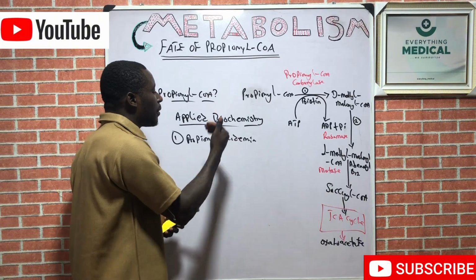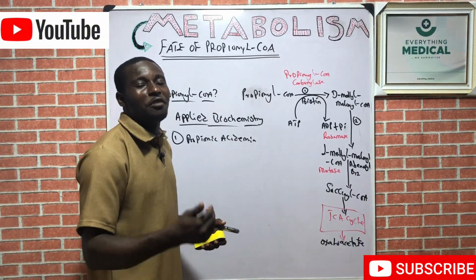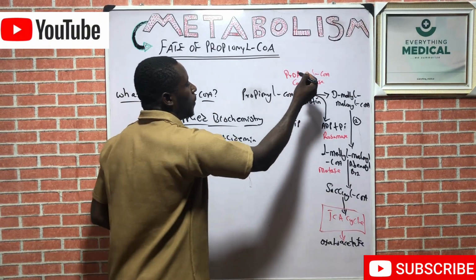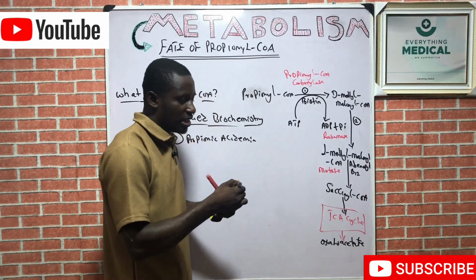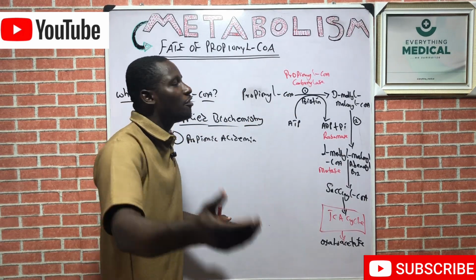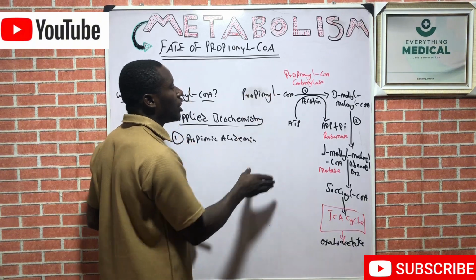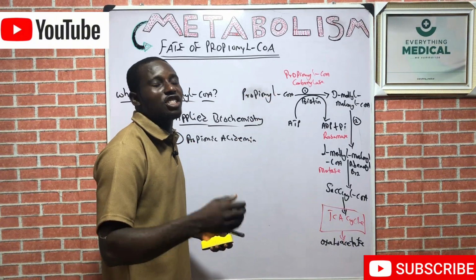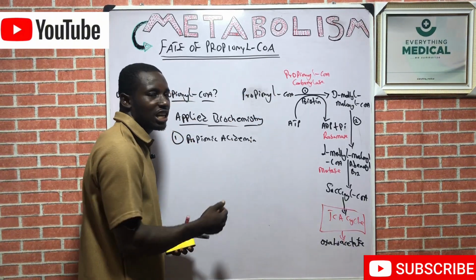What is propionic acidemia? It is the deficiency of propionyl-CoA carboxylase, because once this enzyme is deficient, there will be an elevated level of propionyl-CoA in the blood. So it is called propionic acidemia.